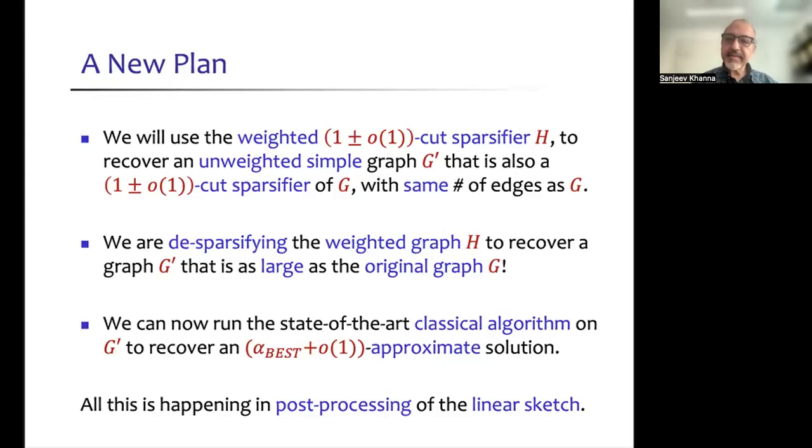In other words, we are desparsifying the sparse weighted graph H to recover G prime that is as large as the original graph G. We can now run the state-of-the-art classical algorithm on G prime to recover an alpha-best approximate solution. It may seem counterintuitive, but we are gaining efficiency in this process by blowing up the size of our cut sparsifier.